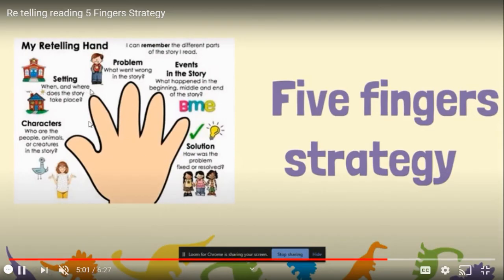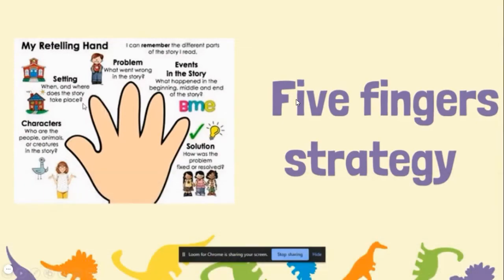Then you see this finger, which is the pointer, is all about the setting. When and where does the story take place? Then the middle finger would be the problem. What went wrong in the story? The other finger would be the events in the story. What happened in the beginning, middle, and end.